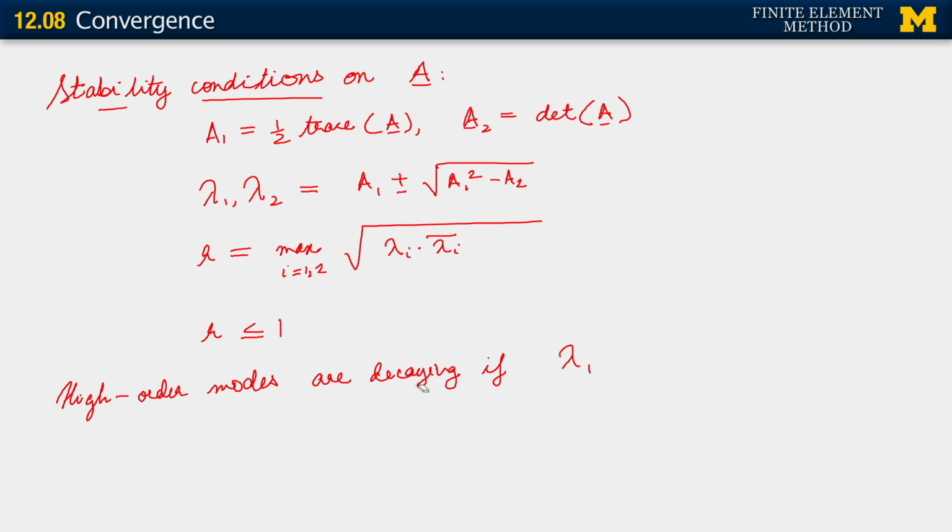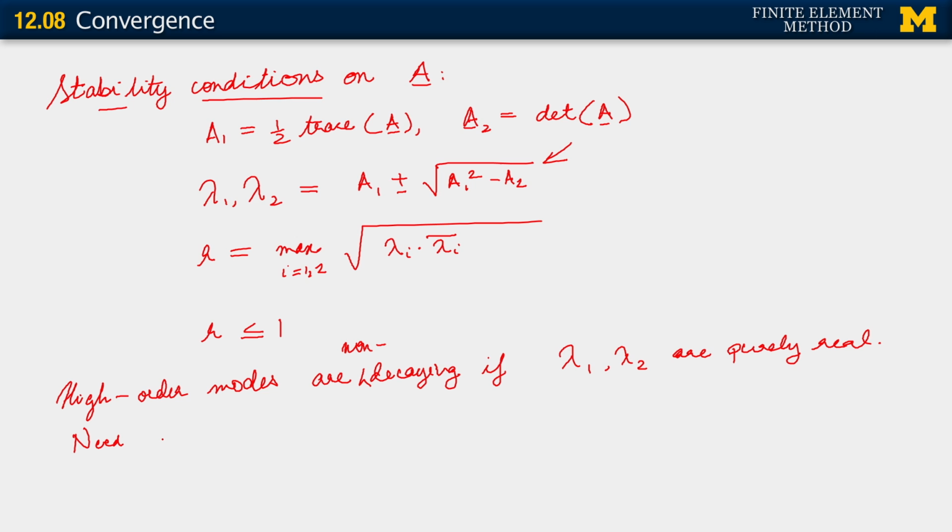Higher order modes are non-decaying if lambda 1 and lambda 2 are purely real. Okay? And therefore, in order to damp out the higher order modes, what we need is that the discriminant of this relation should be negative, right?